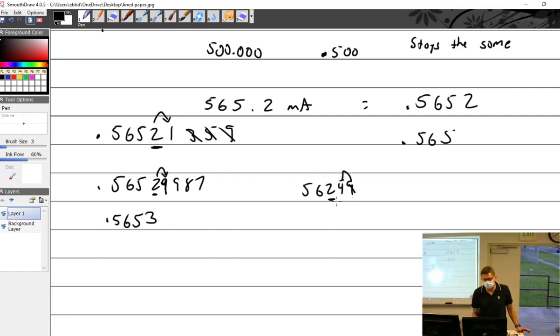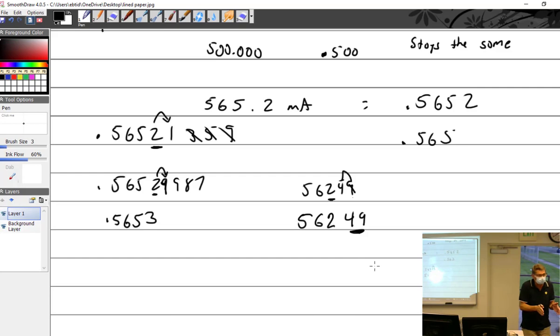And the reason why, if we look at 5, 6, 2, 4, 9: the 4, 9 is less than halfway to the next number. 49, 50. Now we're at halfway, and the convention is to round up. But if we went the other way, it's 48, 47, 46, getting smaller. If you look at this as the entire number, but we don't need to, we can just look at the 4. It's the same thing. I could look at it as a 49 and say it's less than 50.